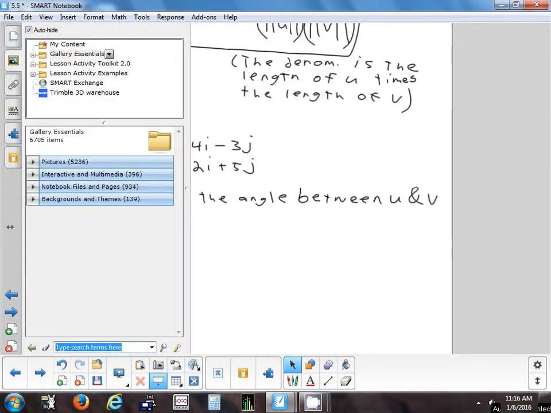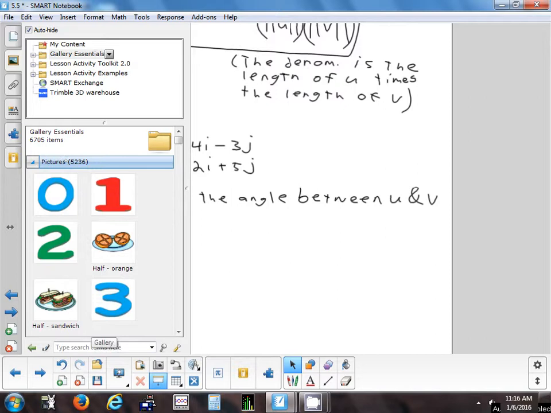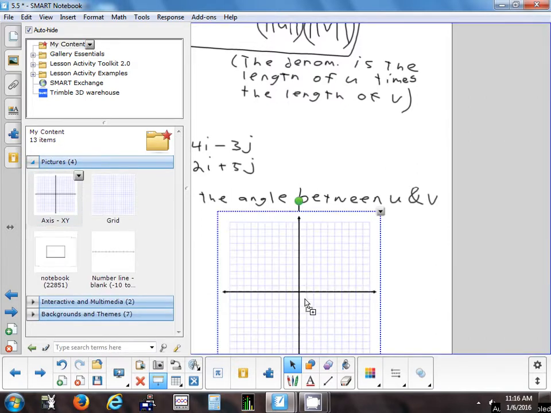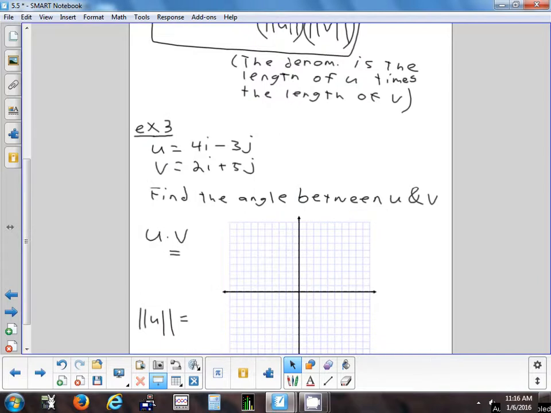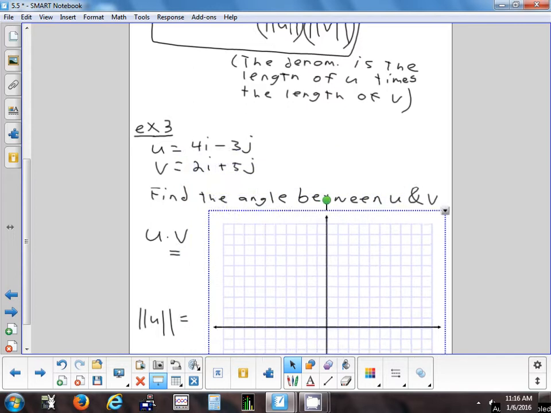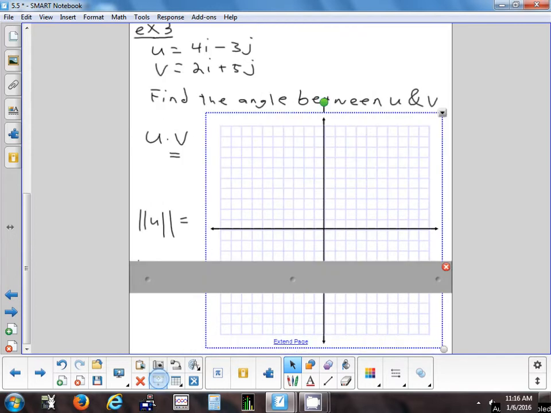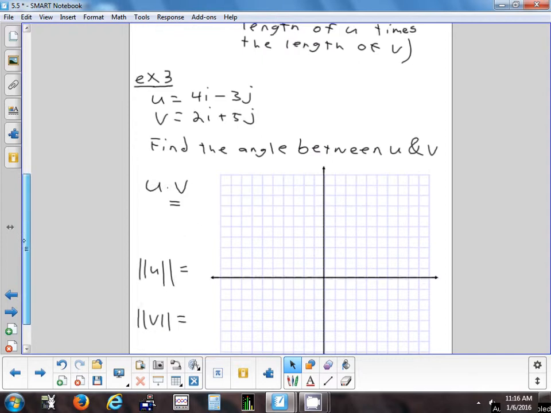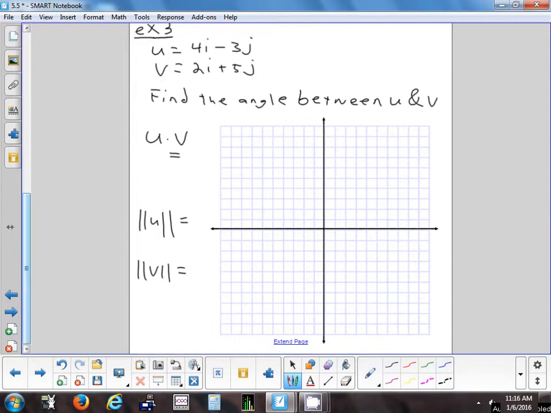All right, first I'll just sketch what we're going to find. A sketch is not necessary to do this at all. I'm purely just showing you what we're going to find. I've got the vector 4i minus 3j. I'm just going to sketch it by hand.